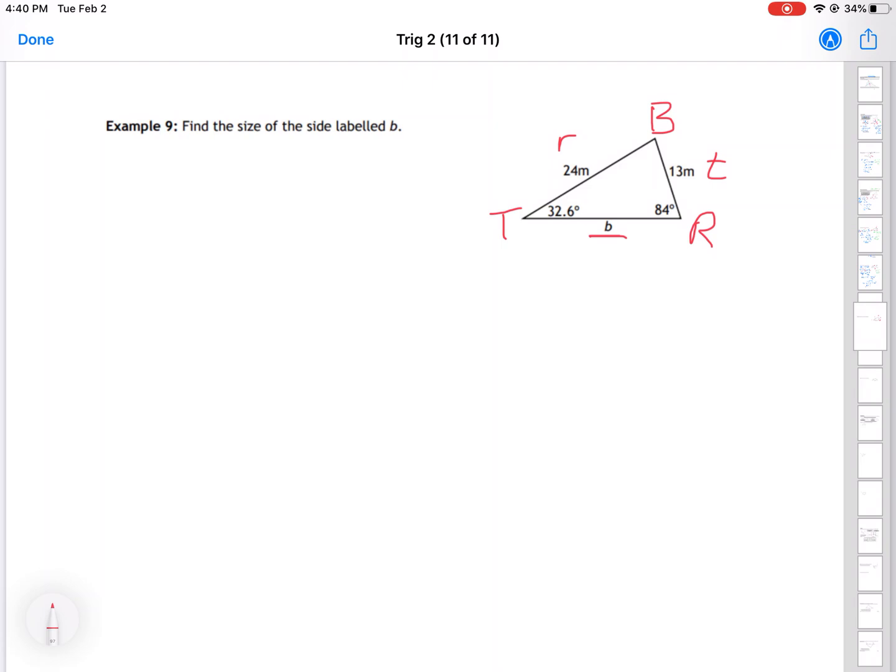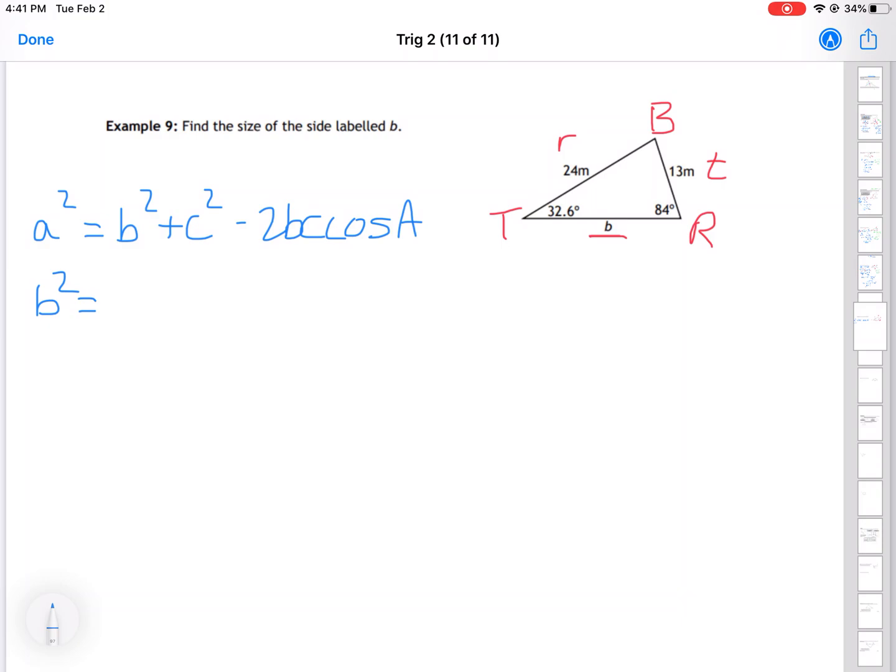So, if we write down the formula, then we will be able to substitute in the different letters before we substitute in the numbers. So that's our formula there. And let's see what we're trying to find. Right, we are not trying to find side A, we're trying to find side B. So the A's this time are in fact B's. The B's and C's are R's and T's.